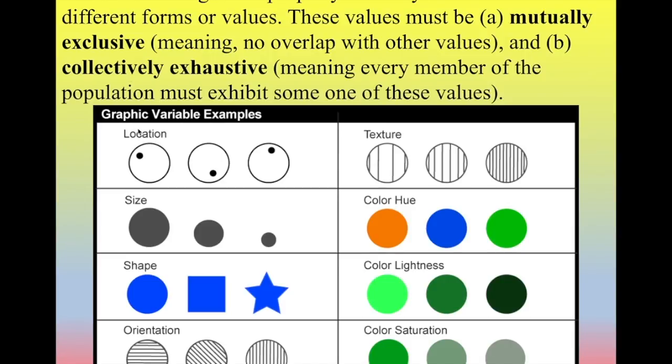We can divide up the marbles in there, say, by location: top of the jar, bottom of the jar, left of the jar, right of the jar, and so forth. We could divide them up by size, large, medium, and small. We could divide them up by shape, by orientation, texture, and so forth. You get the idea.